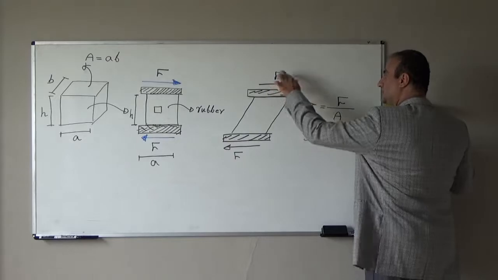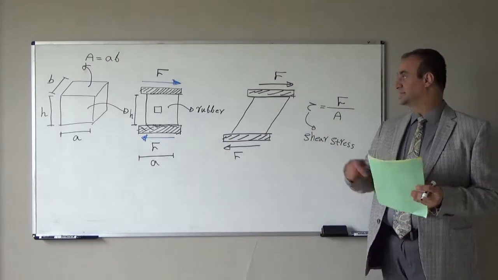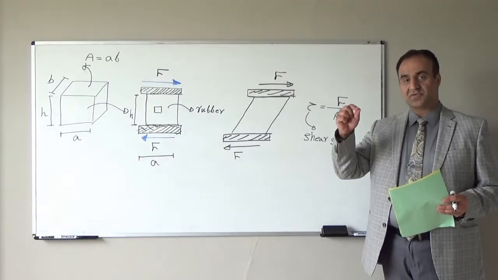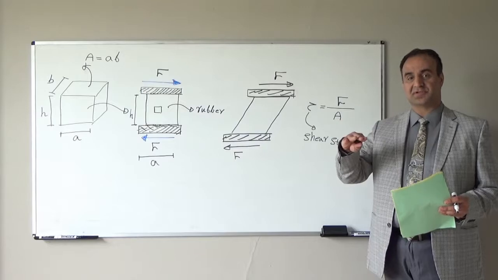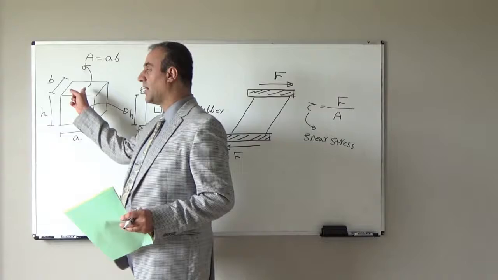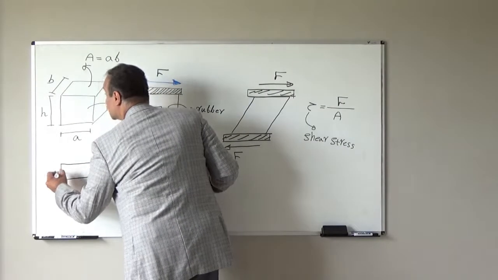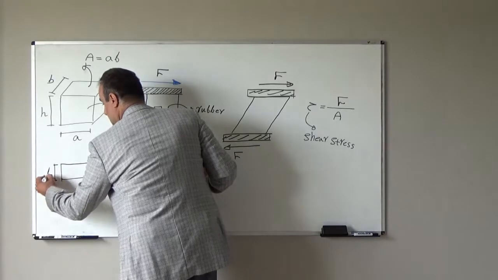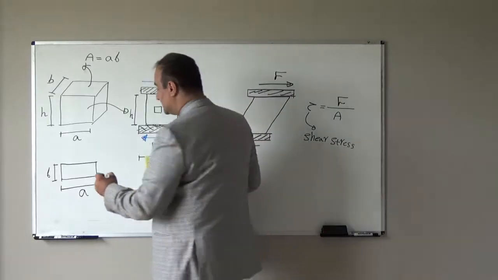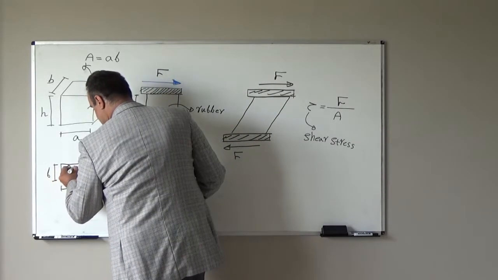It will be force divided by area. Which area? The area to which the force is tangent. In normal stress, the force was perpendicular to that area. If we look at the top view, this is B, this is A. In the top view, this stress is tangent to this surface.